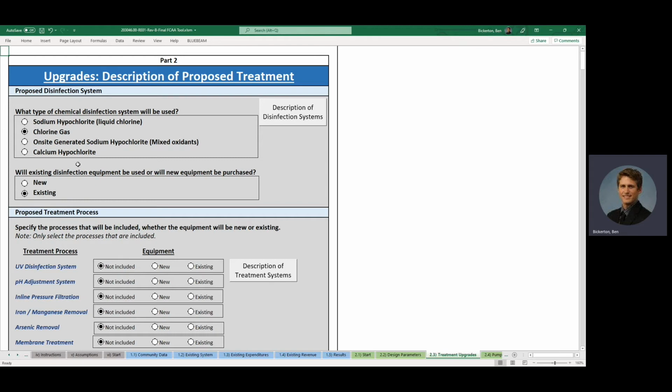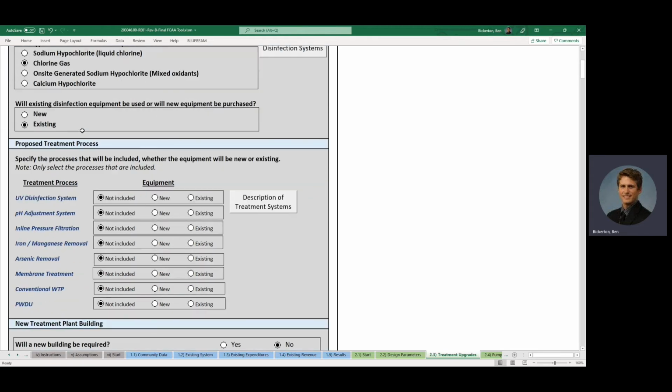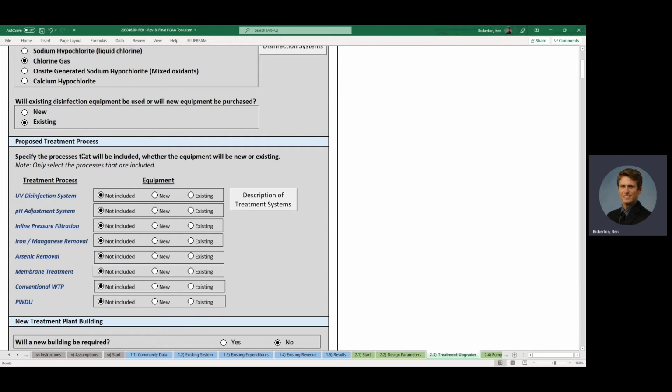So there's no upgrade to our disinfection system at the treatment plant. We already have an inline pressure filtration, so we'll say that's existing. But for the purposes here, we're going to say that we're adding a new pH adjustment system, and perhaps we're also going to add an iron manganese removal system.